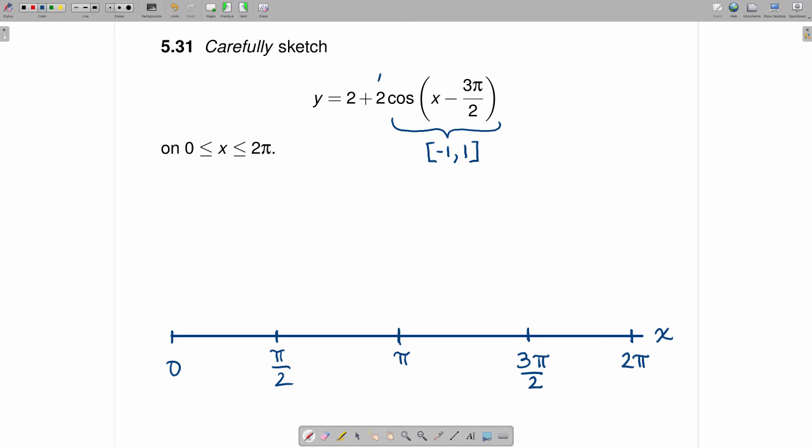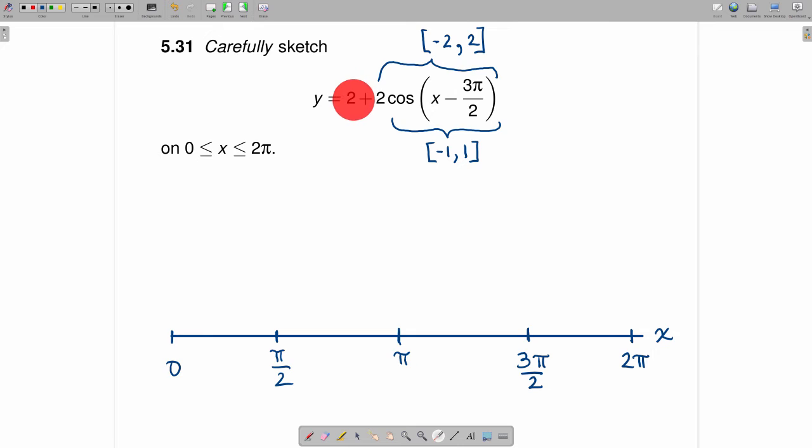Which means when you multiply that function by 2, now this right here can fall anywhere between -2 and +2. You can see that this 2 term here is serving as an amplitude.